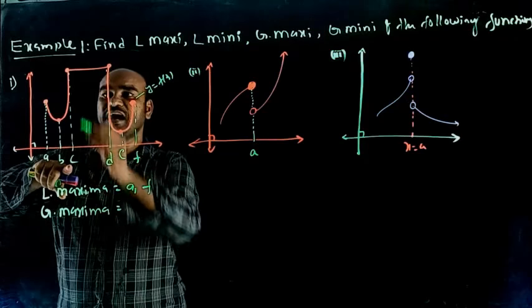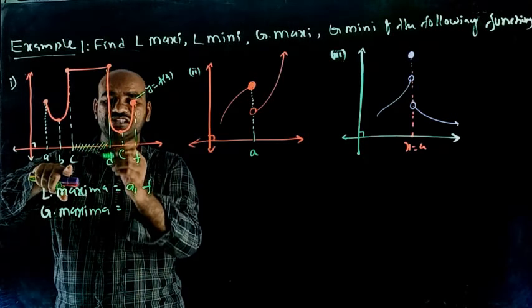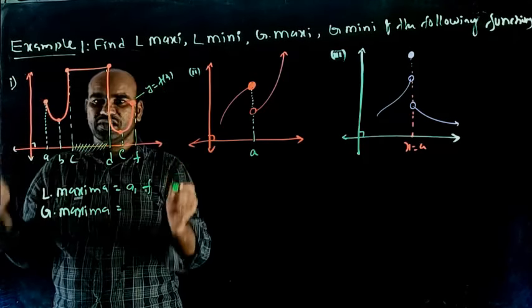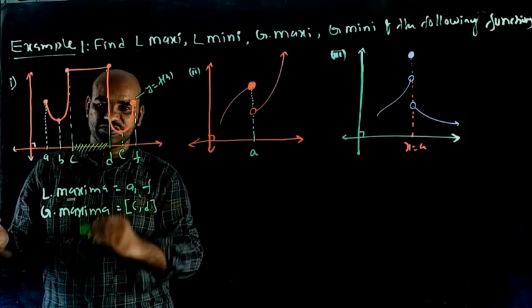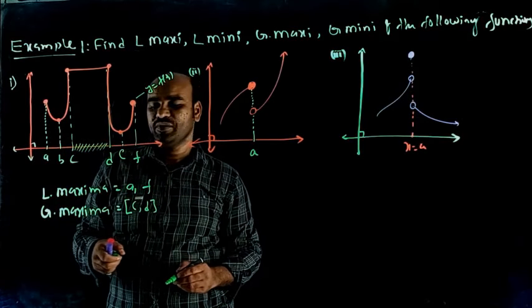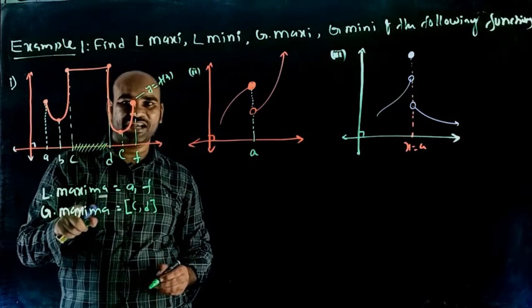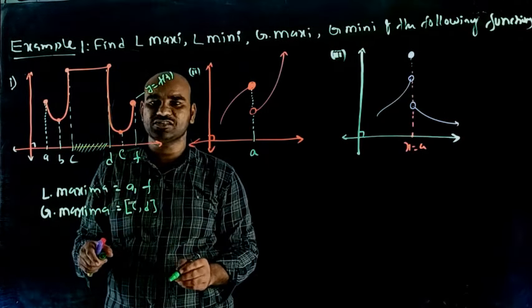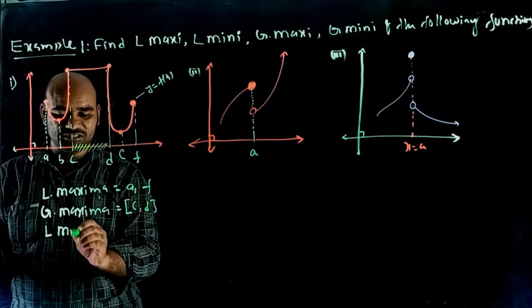Global maxima at C and D and any point between C and D. That's why the closed interval C to D. Every point between C and D gives the global maximum value of the function. That's why the point of global maximum means the closed interval C to D. Next, local minima.